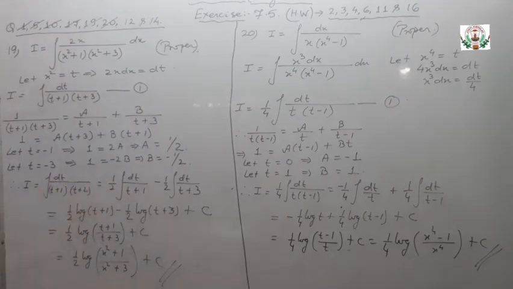Every time there will not be a log integration. We are seeing in all the previous questions that many times we integrated and we got log answers. But it is not compulsory that every time we are integrating we will get the log term only.